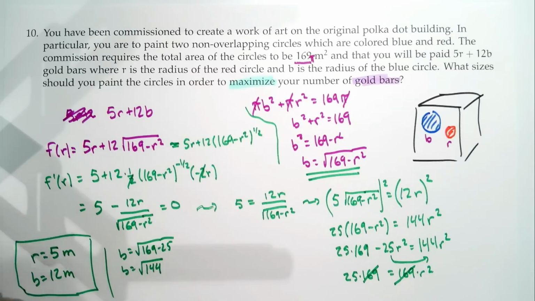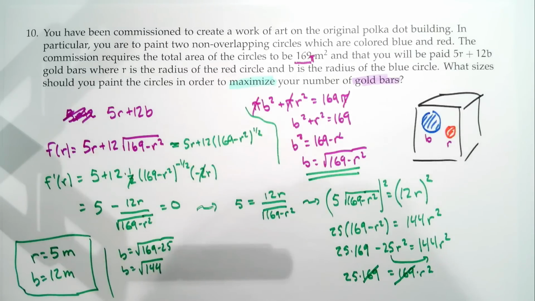So it actually is to our advantage to not put all the money into that huge blue circle. Even though blue circles are worth more, there's a little bit of a trade-off. And so yes, we'll have a much bigger bluer circle, but having a little red circle increases our profit.